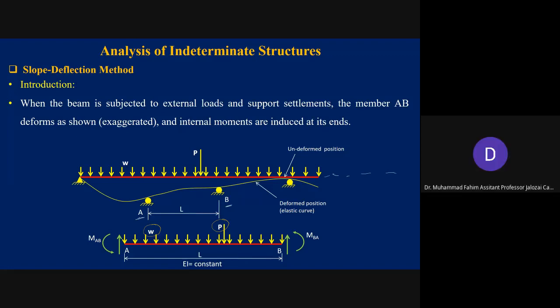So if you take any middle span of this continuous beam, this is what will happen to it. You could have some external loads, UDL as well as point loads, and obviously there would be some end moments coming from these spans, right? Coming from this span, so you will have some end moments.